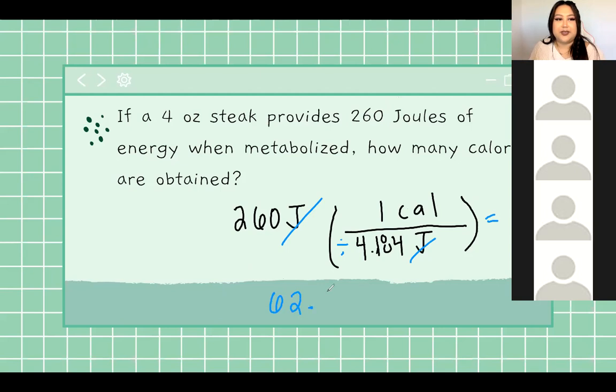62.141. Okay, and then in the correct amount of sig figs, what would this answer be in? 62, yeah. Okay, there you go. Cal.